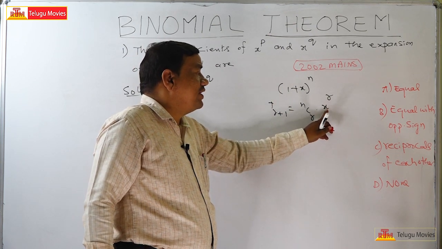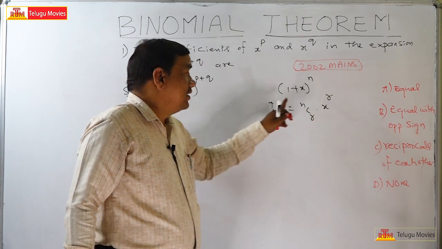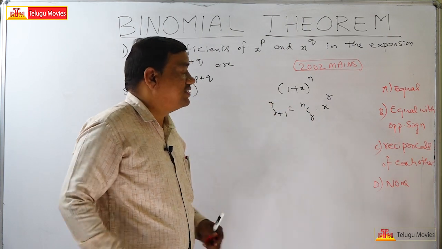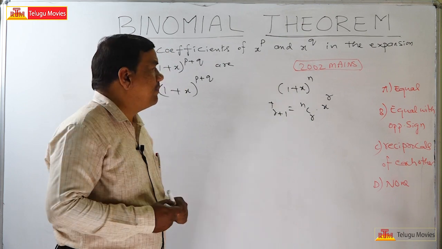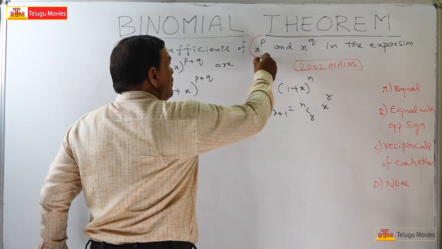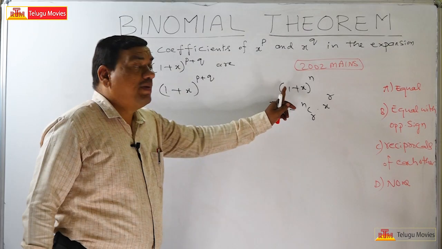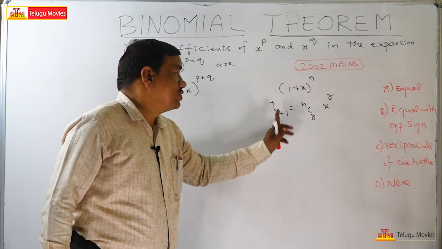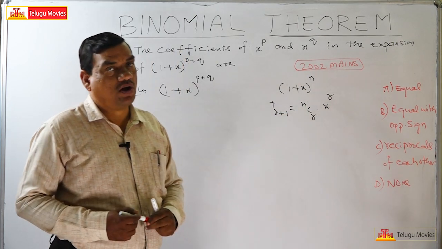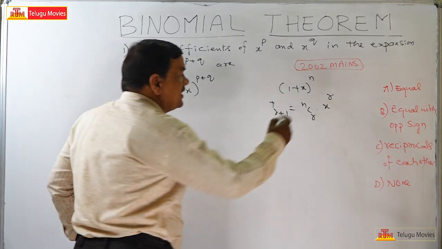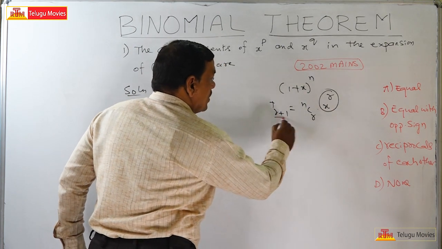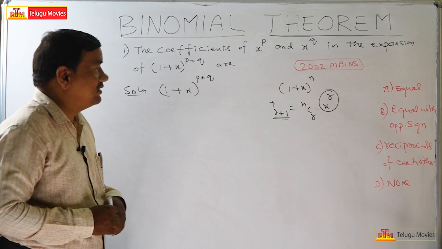If you want to find out x power r, the t r plus 1th term is there. Same logic applies here. In the expansion of (1 plus x) whole power n, r plus 1 term means x power r. So if you want to get x power r, you find the t r plus 1th term.